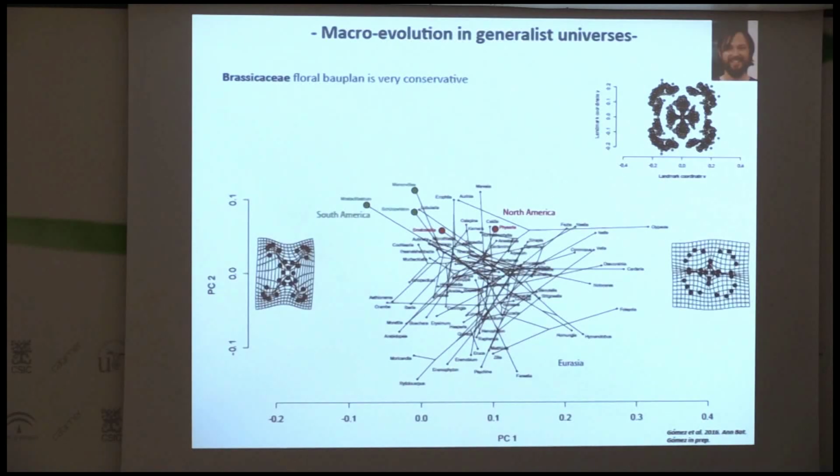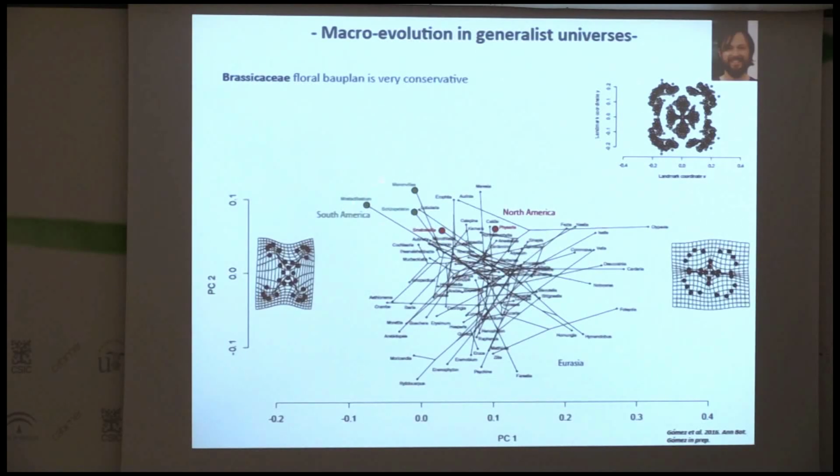We all know that Brassicaceae has a very conservative floral body plan. This is, for example, the change in the floral shape of Brassicaceae in the morphospace. These are our genera. They are connected according to their phylogenetic relationships. That means that this is a phylomorphospace.